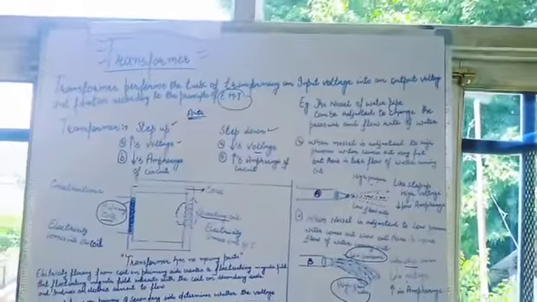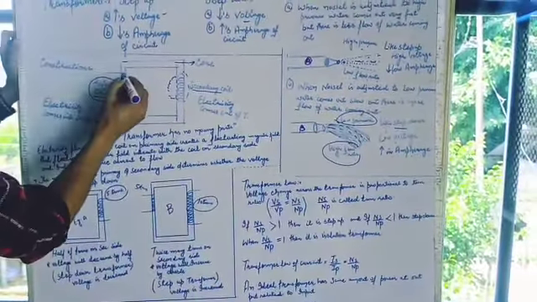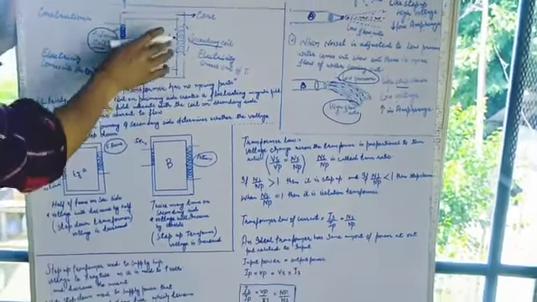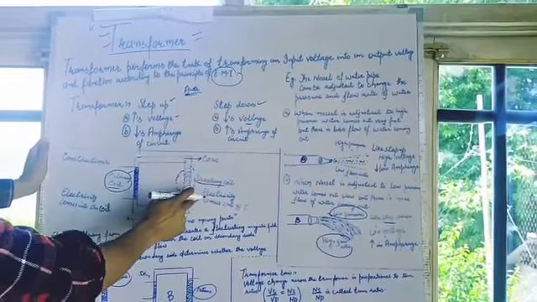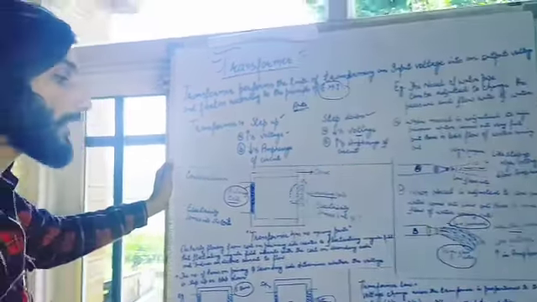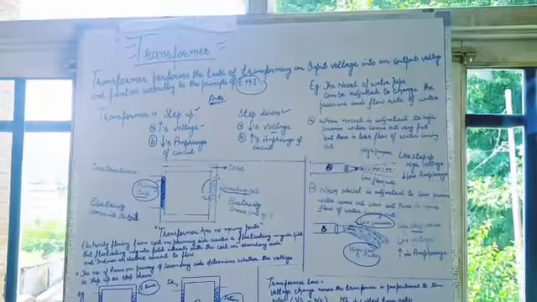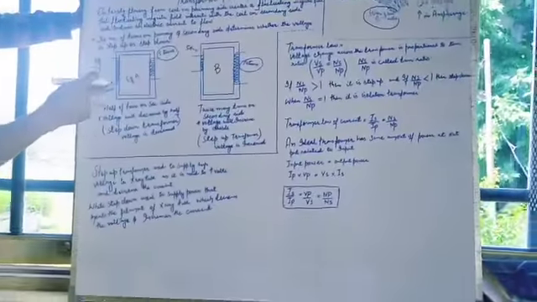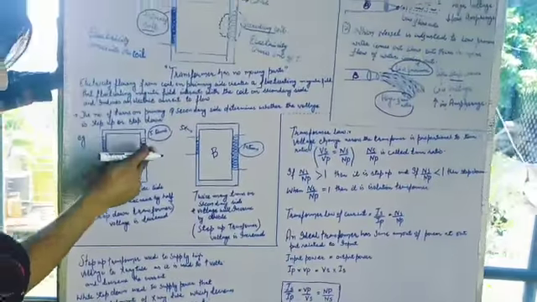The number of turns on the primary and the secondary side, like this 1, 2, 3, 4, 5, 6 and so on, determines whether the voltage is to be stepped up or stepped down. For example, in example A, we have 10 turns on the primary side and 5 turns on the secondary side.